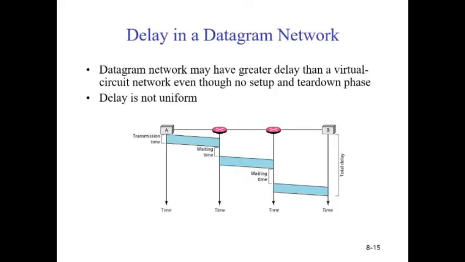Let's talk about the efficiency in datagram networks. The efficiency of a datagram network is better than circuit switch networks. Resources are allocated only when there are packets to be transferred. So we are not doing any setup phase or tear down phase, just transferring the data. If a source sends packets and there is a delay of a few minutes before another packet can be sent, the resources can be reallocated during these minutes for other packets from other sources.